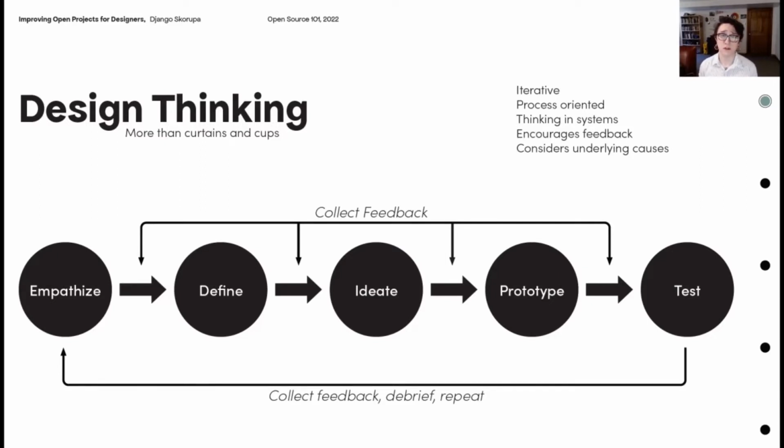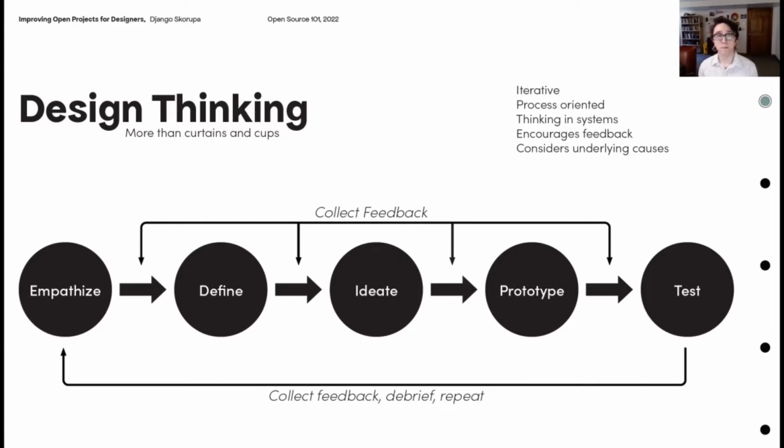It encourages the users and practitioners to think in systems, considering underlying causes and gathering as much feedback from stakeholders as possible, right? Just like how painting is not just the action of putting paint on a wall of a house, but it is also cleaning the walls, prepping the walls, taping off places that you don't want to get paint, covering the floors, all of that. So too, design thinking is this entire process, right?